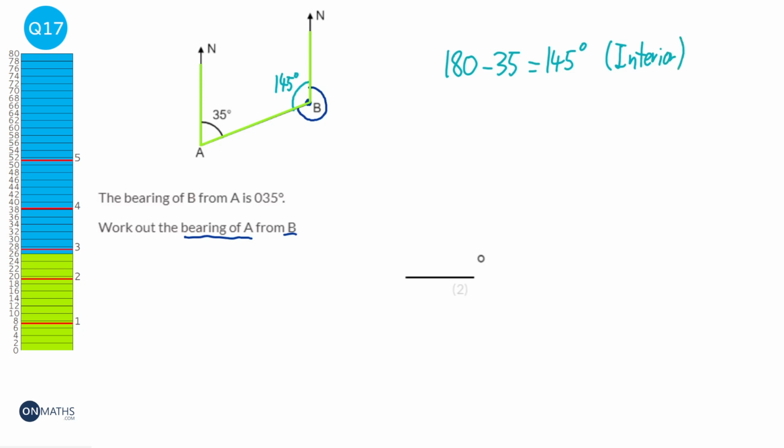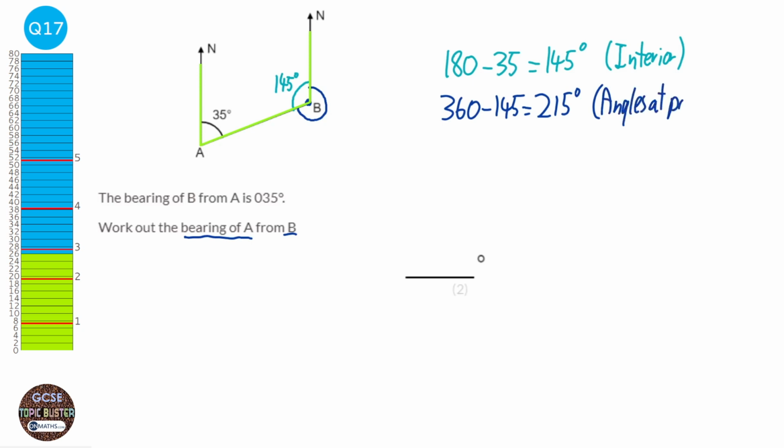Then to find the angle we're looking for, we can do 360 take away the 145, which gives us 215 degrees. The reason for that is that they are angles at a point. Angles at a point add up to 360 degrees. So my answer will be 215.